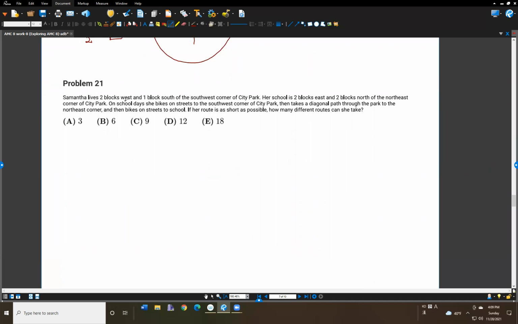Someone lives 2 blocks west and 1 block south of the southwest corner of a city park. This is the city park. Southwest is over here. 2 blocks west first, and 1 block south.